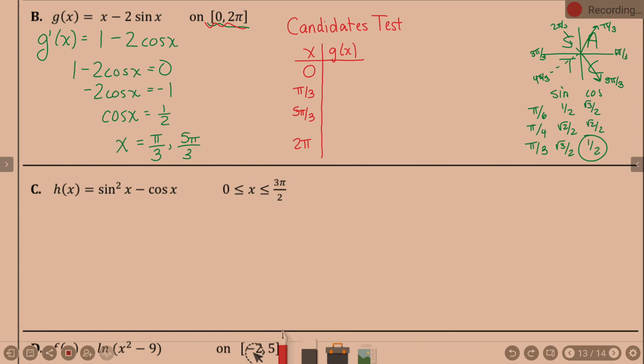Okay? This is definitely a calculator type thing, because when you're doing x minus 2 times sine x, this is a calculator. Other than the 0, that's not bad. I got that one. All the others are going to be decimals. Although I can do the 2 pi in my head, I guess.